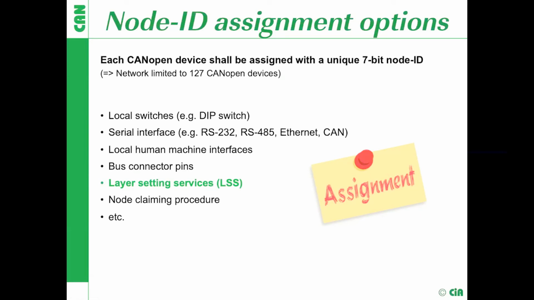This could be used for such situations. Layer setting services offer the possibility to assign the node ID and the bitrate dynamically over the network. Please note that the assignment of the node ID via the CANopen object dictionary, for example via USDO, is not recommended.